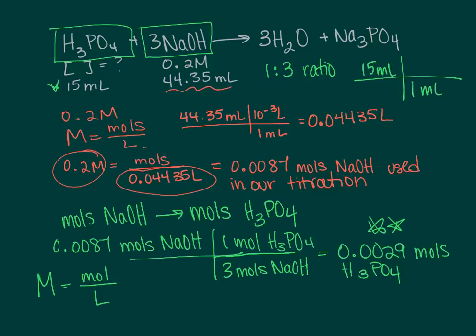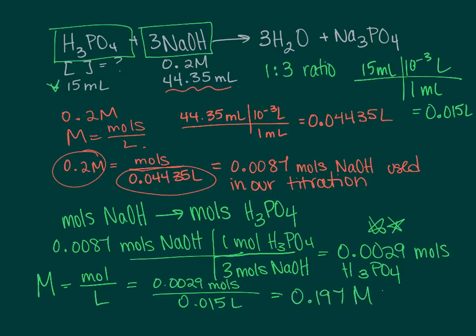So for every 1 milliliter, there's 10 to the negative third liters, 0.015 liters. And then plug in. So the moles is 0.0029 moles divided by liters, 0.015 liters.